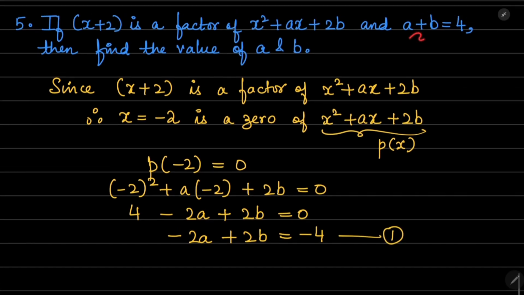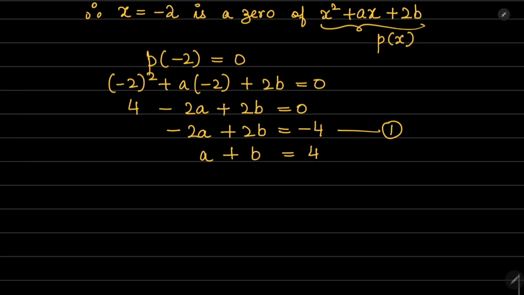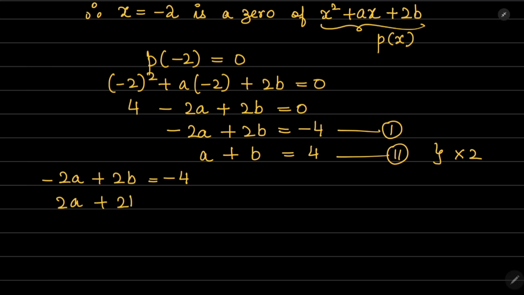You are also given a plus b equal to 4. Let us solve these two equations. So, minus 2a plus 2b equal to minus 4. I am going to multiply the second equation by 2. So, what do I get? 2a plus 2b is equal to 8. Just add them up.